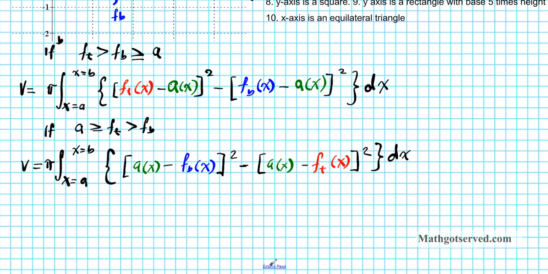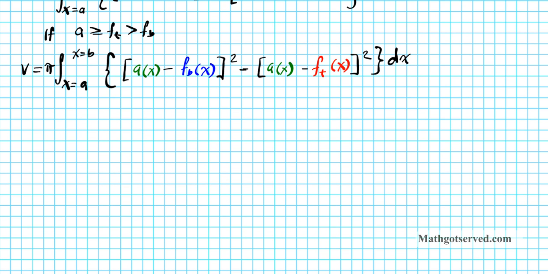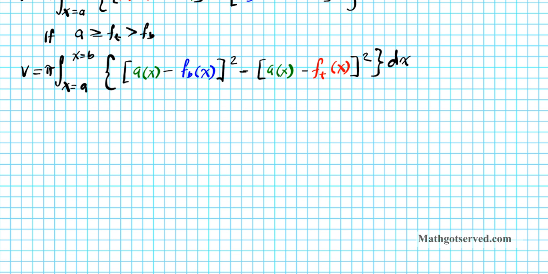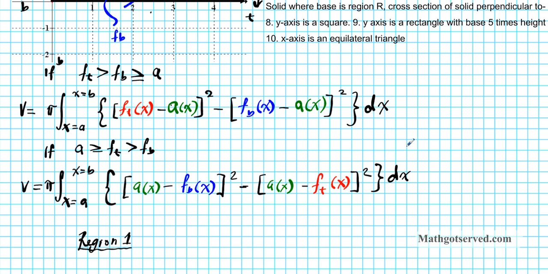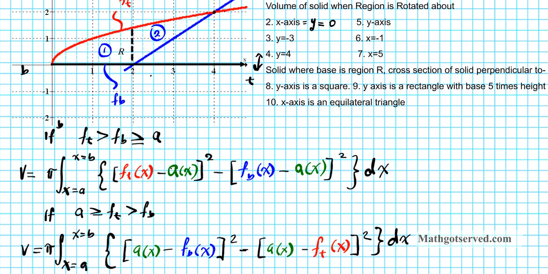All right, so let's go ahead and do it. So for region 1, what do we need? Well, first of all, which of these formulas are we using for this situation? Since the axis of rotation is beneath the upper function and happens to overlap the bottom function, we're going to be using the first formula, okay?